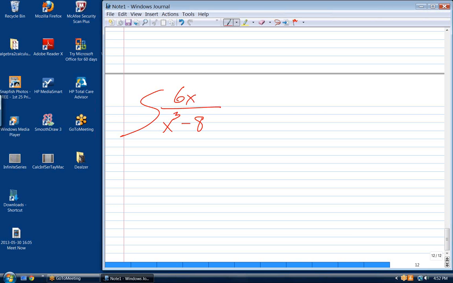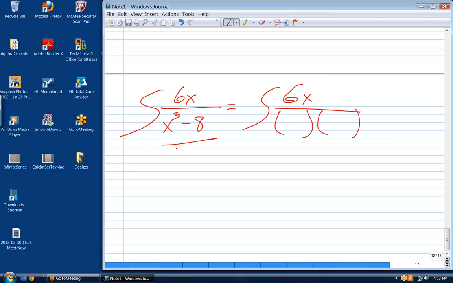All right, so if we try to do this by partial fractions, clearly we need to factor the denominator. What does that look like? Can you do x plus 2 times x minus 2? Well, it's a difference of cubes.